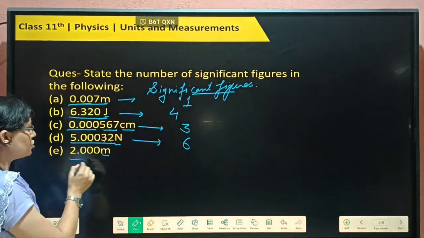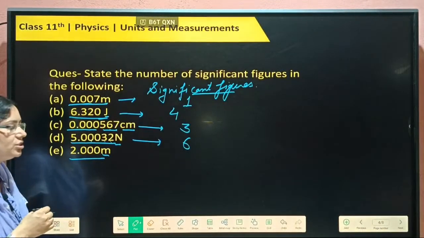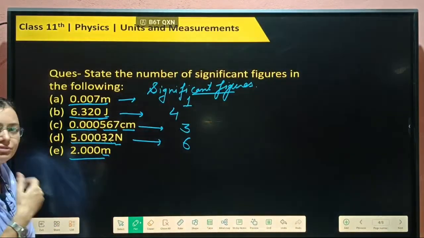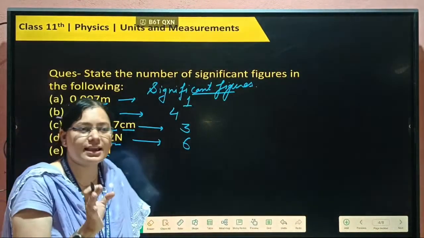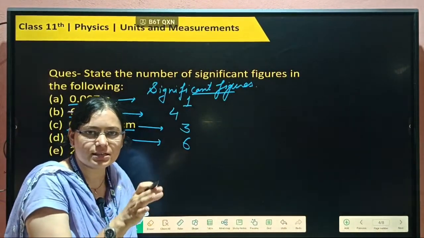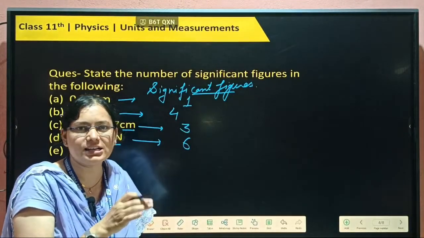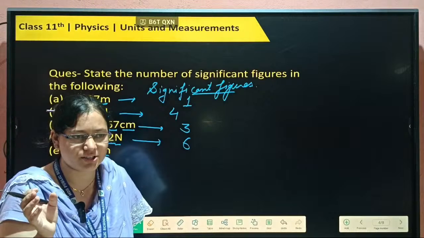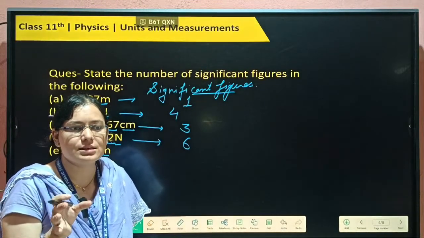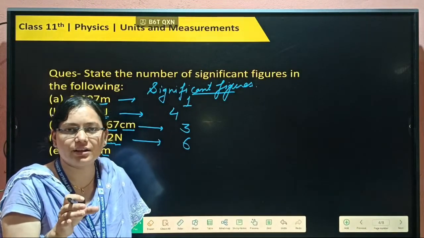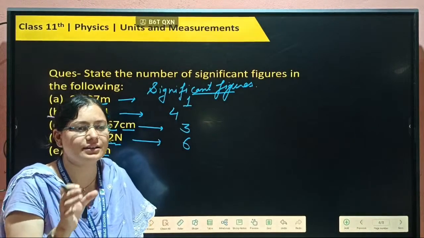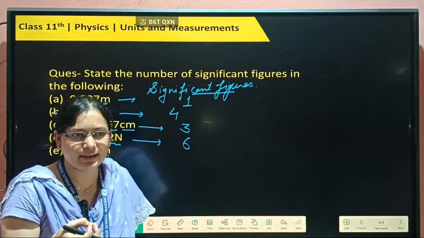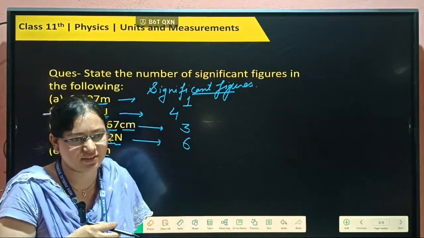Now the next question here, 2.000. Okay, it means if zeros are there after the decimal, we can measure those points with that instrument. That's why we take them in the significant figures. Understood? Okay, significant figures are those values which are reliable, which we can measure using our instrument. Those figures are known as significant figures.